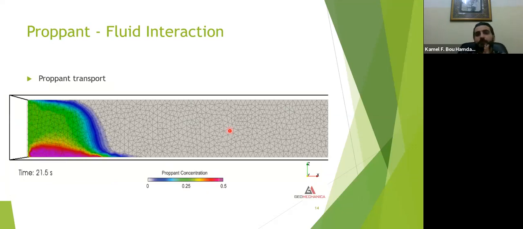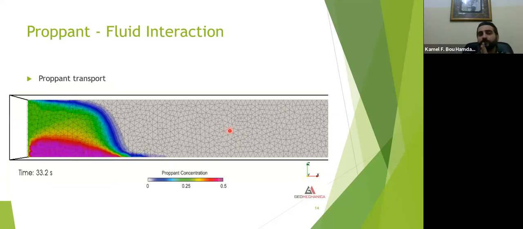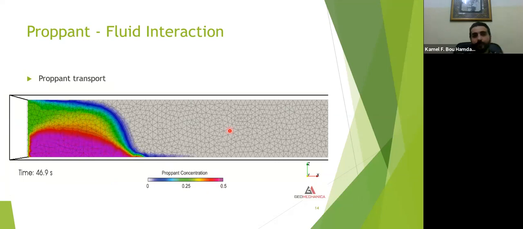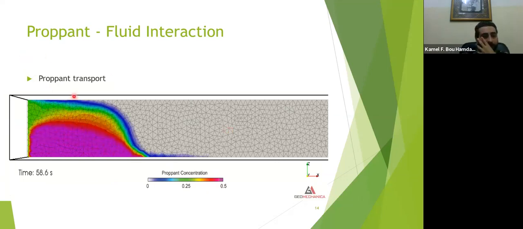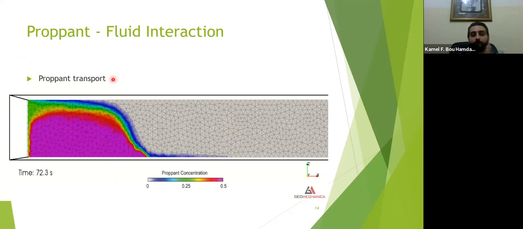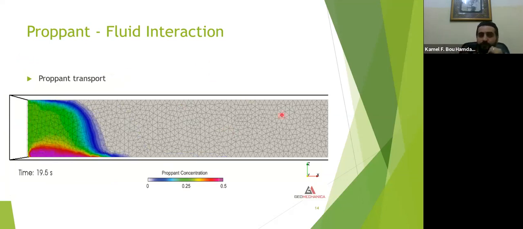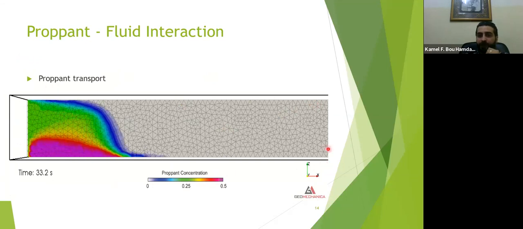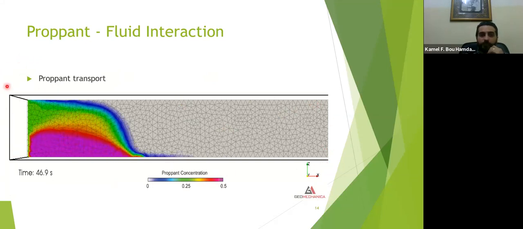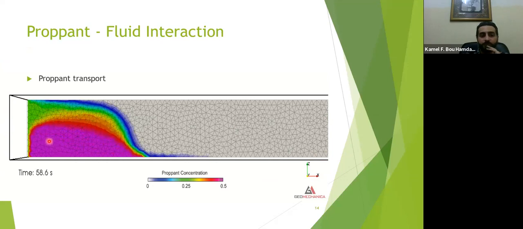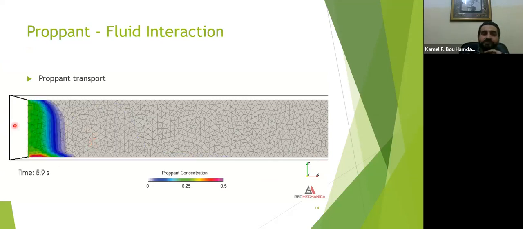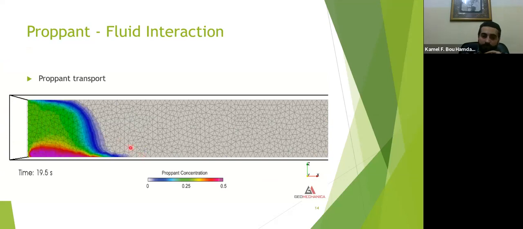Moving on to the third interaction, which is between the proppant and the fluid, mainly focusing on the proppant transport, how we can transport proppants from the well into our fracture. So assuming all of this gray is our fracture and the wellbore is somewhere over here, you can see that during transportation, most of the proppant concentration is going to be somewhere close to our wellbore.